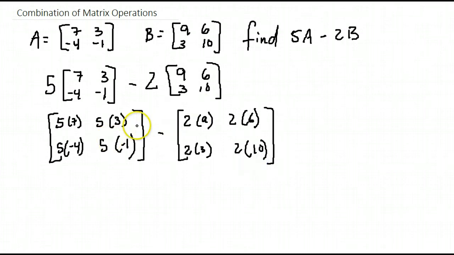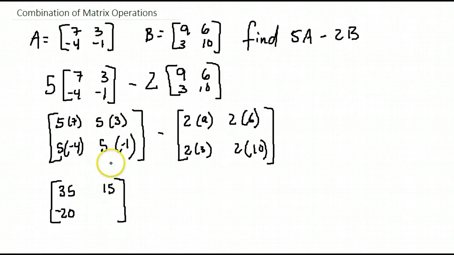Okay, now let's simplify these. So looking back at matrix A, the first row, we have open matrix. 5 times 7 is 35. And 5 times 3 is 15. Second row, we have 5 times -4, which is -20.